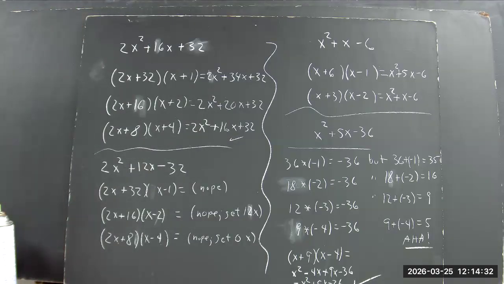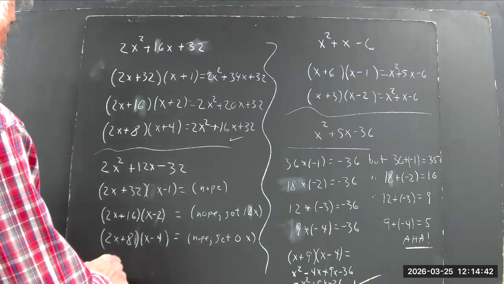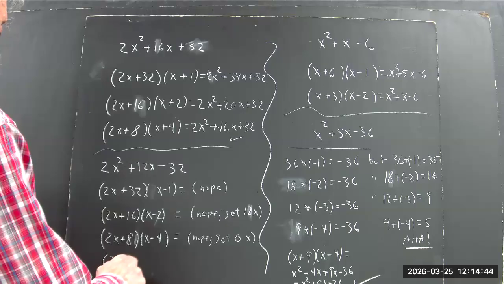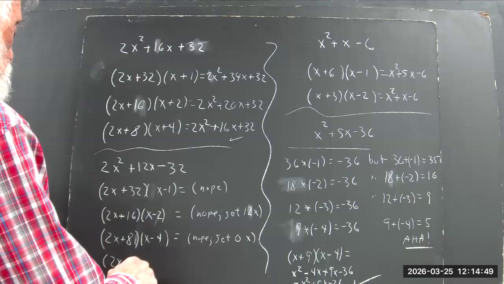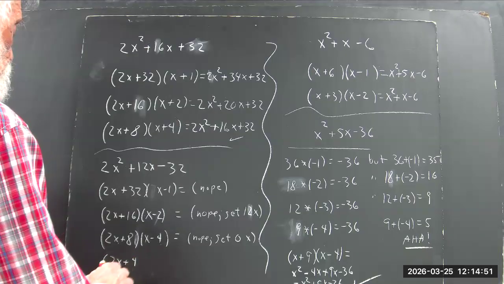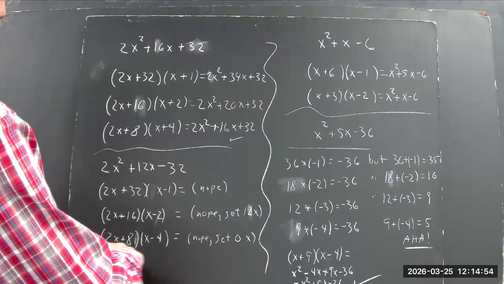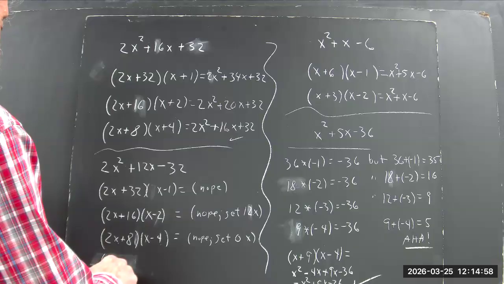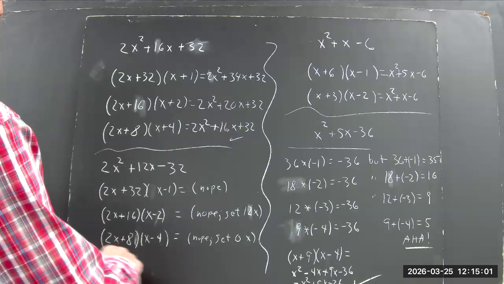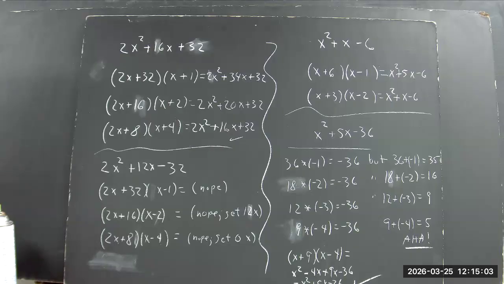Kind of out of options. We try 2x plus 4 times x minus 8. That's not going to work. No. Okay, so not sure that one factored.